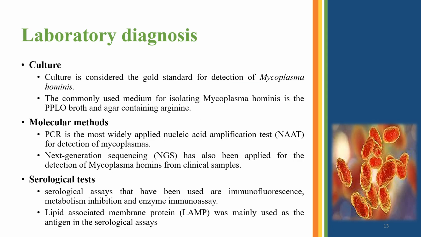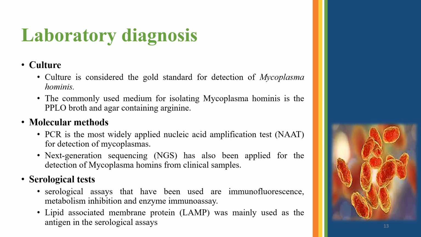There are 3 different methods for detection of Mycoplasma hominis infection. Number 1 is culture. Culture is considered the gold standard for detection of Mycoplasma hominis. The commonly used medium for isolating Mycoplasma hominis is the PPLO broth and agar containing arginine.